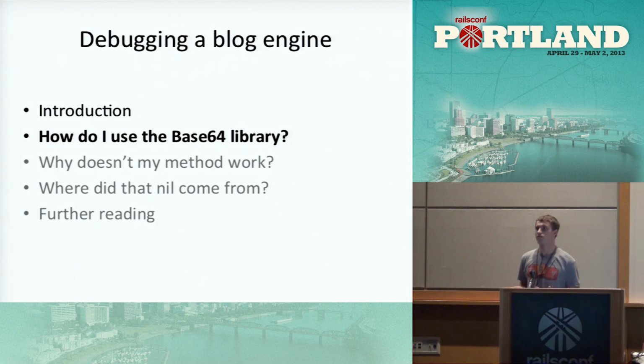The typical Rails introduction is how to write a blog engine. And as you'll know from the various videos and internets, blog engines always work straight away the first time you write them. I tried to write a blog engine too, and I found out that it wasn't quite as easy as things made out. And so I thought the way I would go through Pry is by showing you some of the problems I came across while building this completely fictional blog engine, and how I used Pry to solve them.